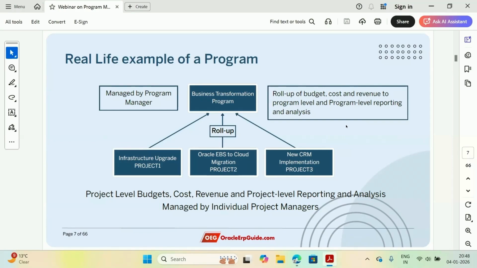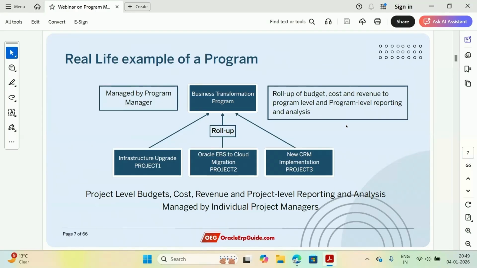For example, the first project is maybe an IT infrastructure upgrade, which is a separate project. Then there may be another project number two where they are migrating from Oracle EBS to cloud. And there may be another project number three wherein they are implementing a new CRM system. But ultimately, all the 3 projects combined is a big program known as the business transformation program, right?